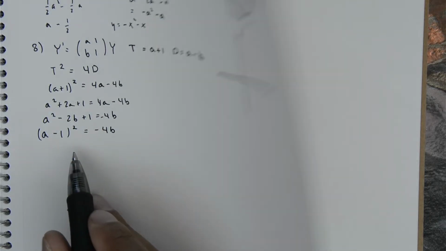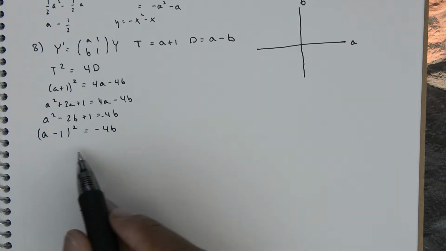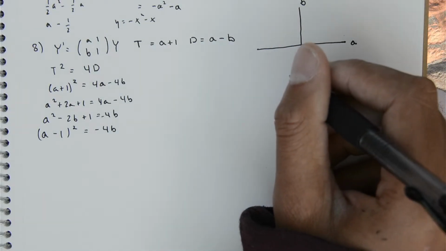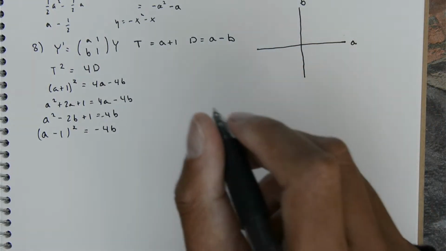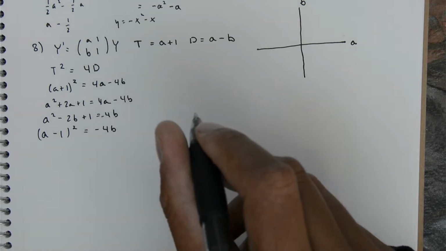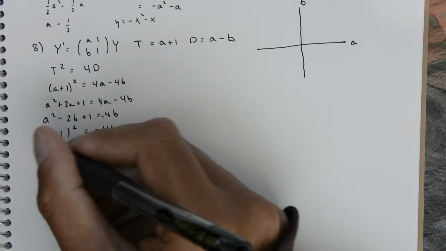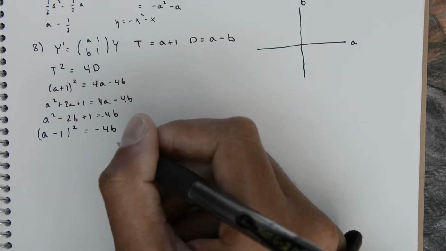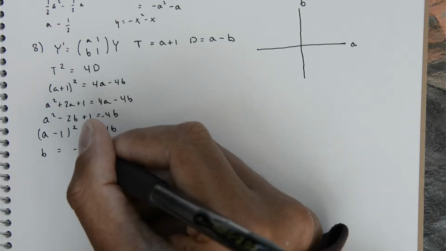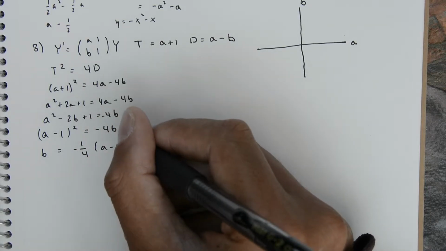what do I do with this information? I have no idea what to do with this information. A minus 1 squared is equal to minus 4b. If I square root, or wait, hold on. We can do b is equal to minus 1/4 a minus 1 squared.